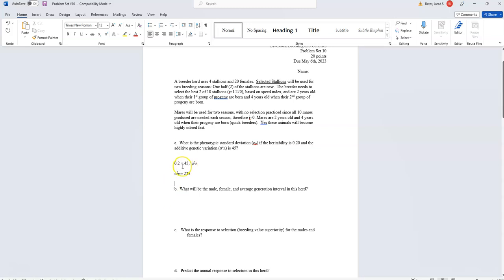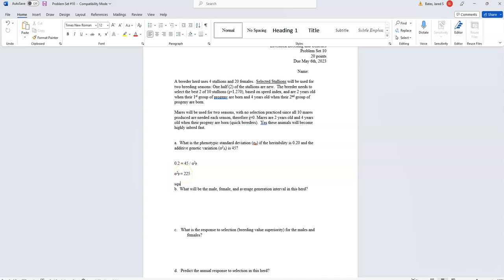If I do 45 divided by 0.2, I'm going to get 225. That's how I did that. I just basically moved this over to here, and then this 0.2 gets moved over here, and then I end up with 225. So now what do I do? All I have to do now is just take the square root of this.